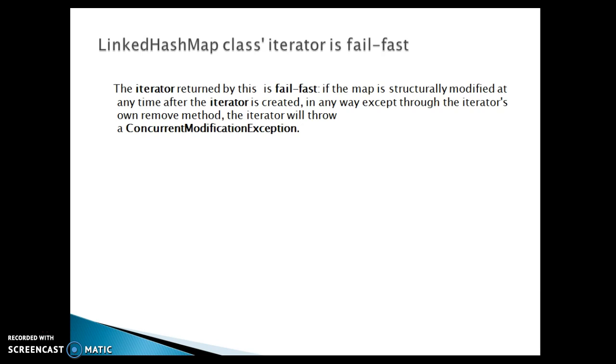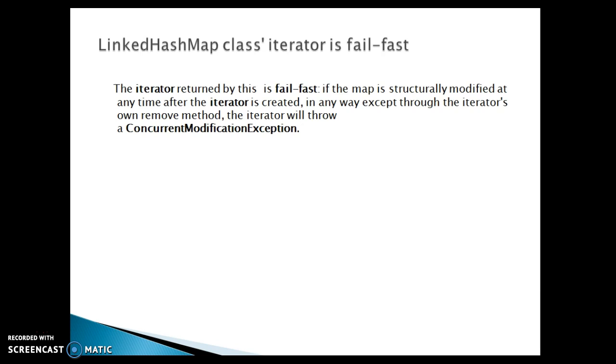So if your code is deployed on a multi-threaded environment, and one thread tries to iterate your linked hash map or hash map, and another thread tries to add or remove some elements from the underlying map, then this will immediately throw ConcurrentModificationException, right, and it's good, because this will rescue some kind of problem.